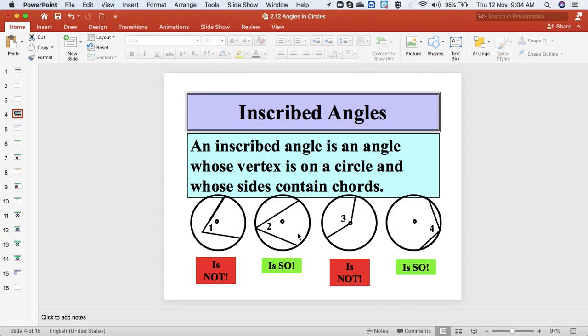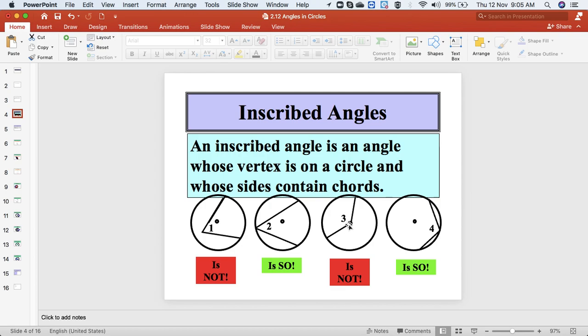Illustration 2 shows an inscribed angle, because the two sides of angle 2 here are chords on a circle. Illustration 3 does not show an inscribed angle, again, because the two sides of angle 3 are not chords on a circle.